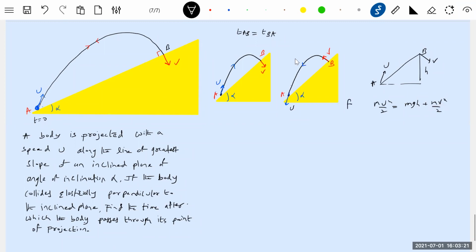This is for AB. For BA, we don't know the velocity, but you calculate and again VA equals U only. Agreed? Therefore, TAB equals TBA.